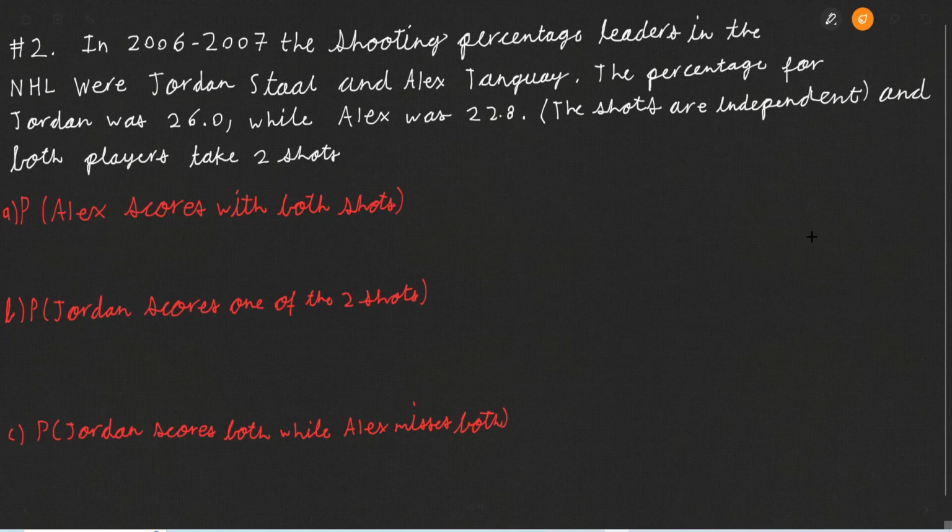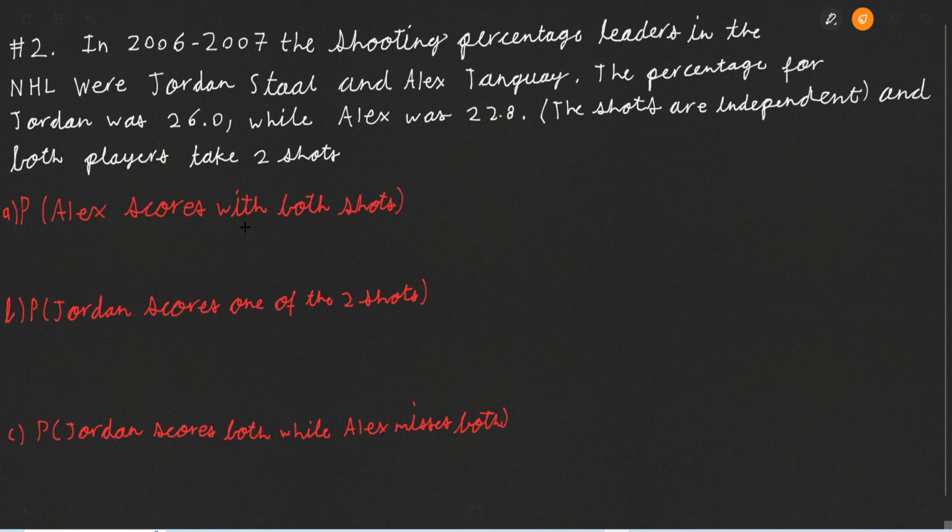Alright, now our second question is, in 2006 to 2007, the shooting percentage leaders in the NHL were Jordan Staal and Alex Tanguay. Their percentage for Jordan was 26.0, while Alex was 22.8. Assuming that the shots are independent and both players take 2 shots in a random game, what will the probabilities be for each of the questions?